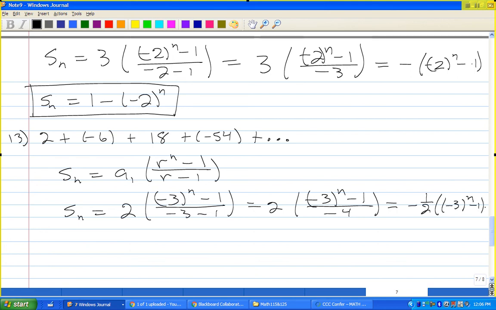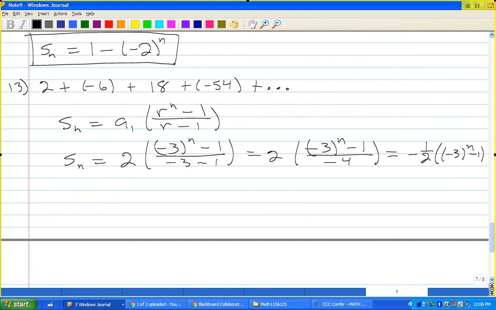And let me multiply the negative inside the parentheses. So S sub n is equal to 1 minus (-3) to the n, all over 2. And that is your formula.